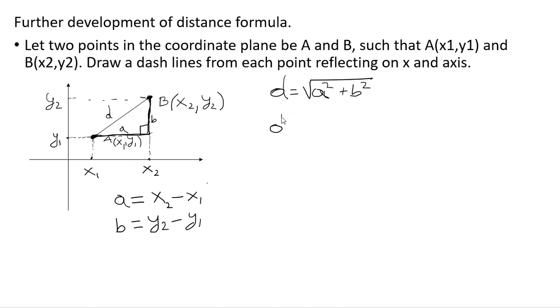So d is equal, so now instead of a, I'm going to replace x2 minus x1. So we have x2 minus x1, and we're going to square that, plus this plus. Instead of b, I'm going to plug in y2 minus y1 square.